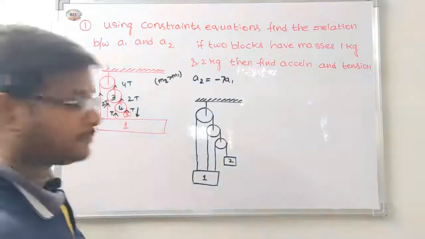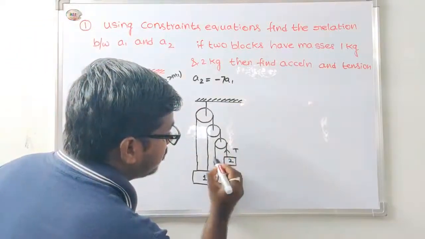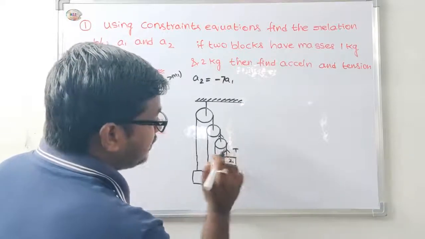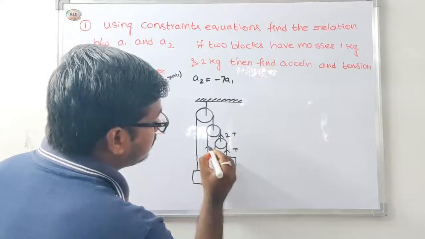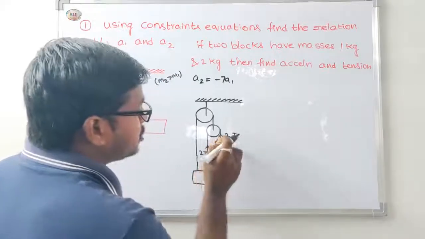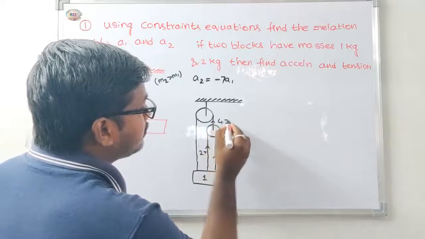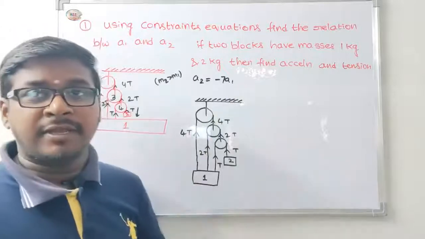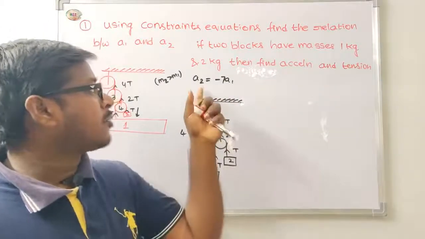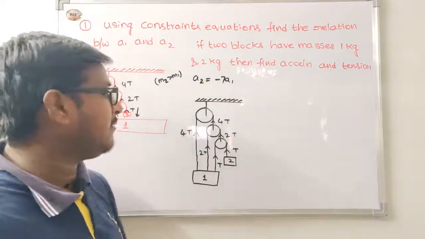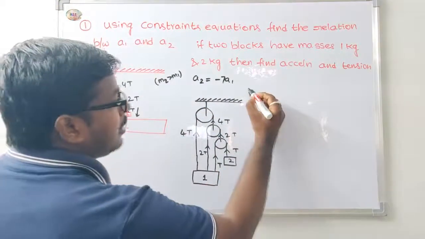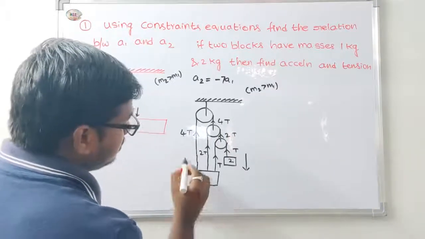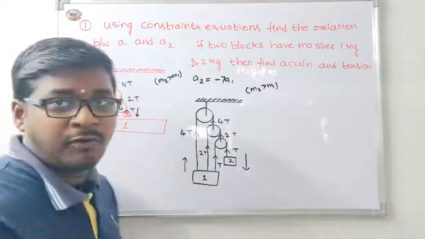In this way, the shortest string has tension T, the next is T plus T, 2T, and then 2T plus 2T, 4T. Then the relation from the previous problem is a2 is equal to minus 7a1. Since m2 is greater than m1, this block moves downward and the other block moves upward.